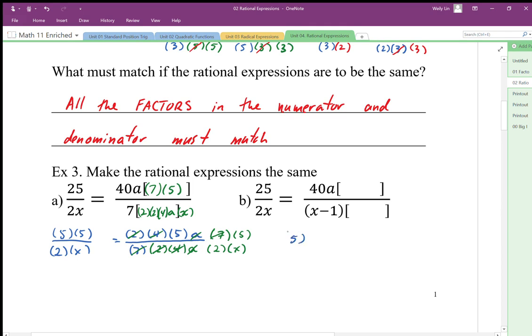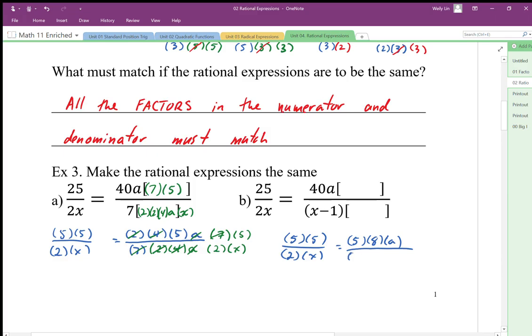So I have 5 times 5, 2 times x. Now I have these binomial factors. So I'm going to write this as 2. I've got that extra 2 there. Actually, I'm just going to write this as 5 times 8 times a.